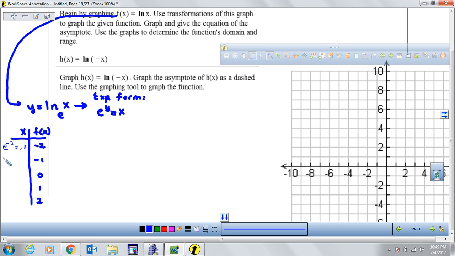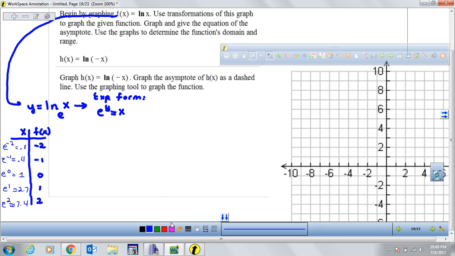Right? Then e to the -1 power, it is estimated to be, I believe it was 0.4. Then e to the 0 power, anything to the 0 power is always equal to 1. E to the first power is estimated to be 2.7, and e to the second power is estimated to be 7.4.